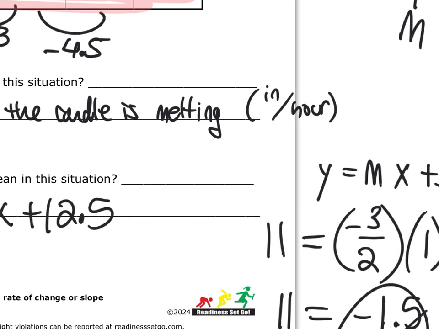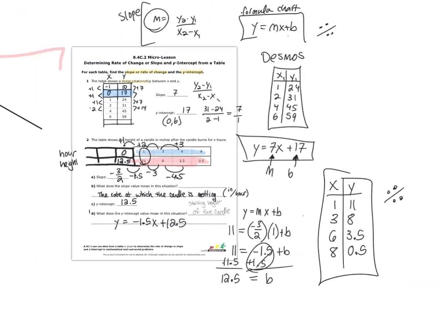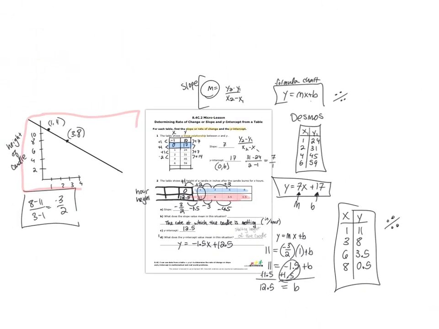It represents the starting height, or you could say the initial height or the beginning height of the candle. That's originally how tall the candle was. That's our y-intercept. If we were to add that to our graph, because we can now, it would be right here. That would be 0, 12.5.